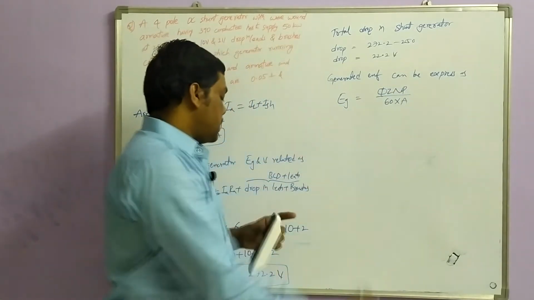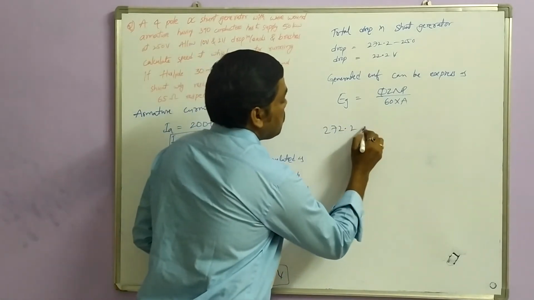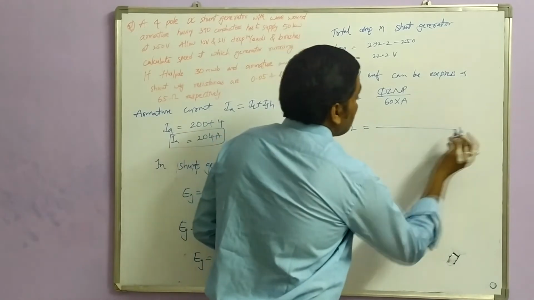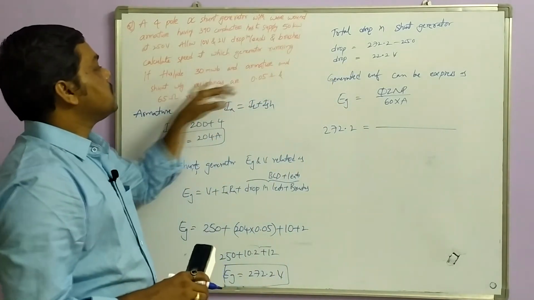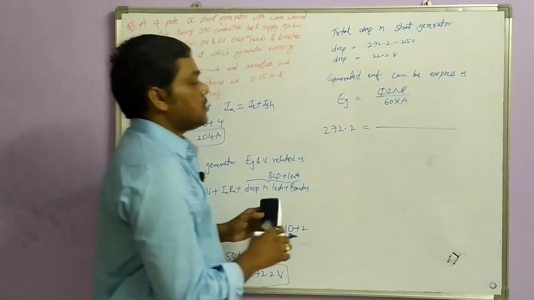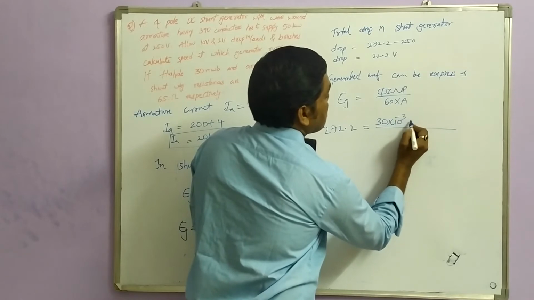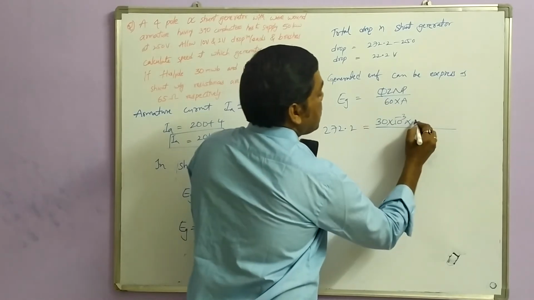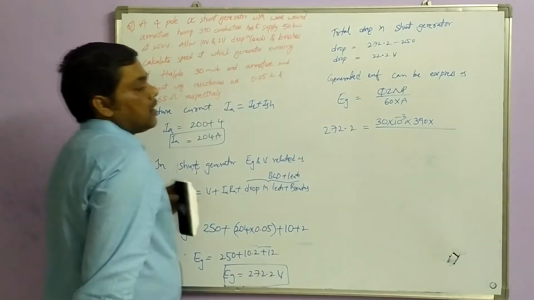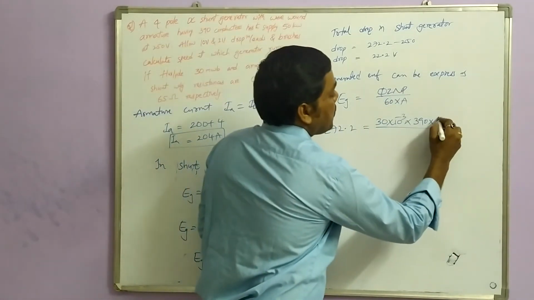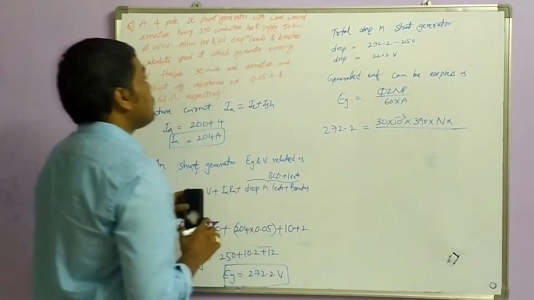Now we have the generated EMF, we will substitute here: 272.2 is equal to phi, which is 30 milliwebers, nothing but 30 into 10 power minus 3, multiplied by Z. Z is equal to 390 conductors, it is given, and we don't have the speed, which is the unknown parameter to calculate, and the number of poles.